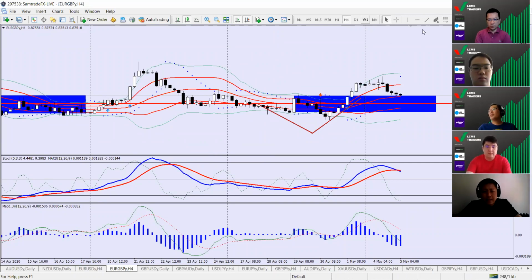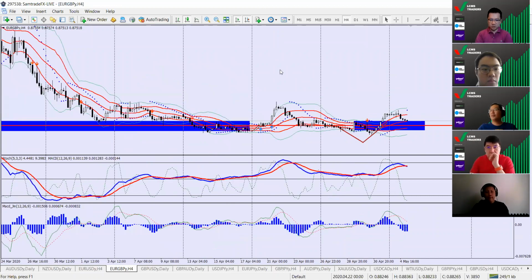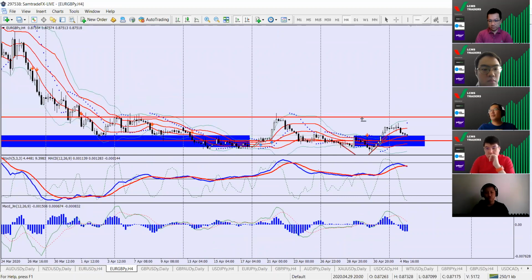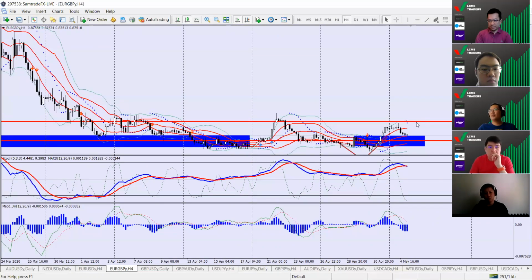If it does break through this zone, we could see it break a lot lower or a lot higher. I would actually be more careful with this, because if I zoom out, you would see that real consolidation moving across, hence that move. If it does break above 0.8822 or 0.8830, we could see it go a lot higher.